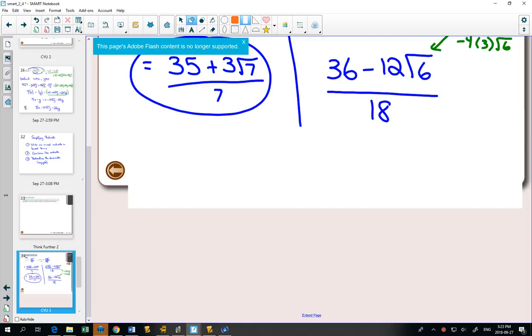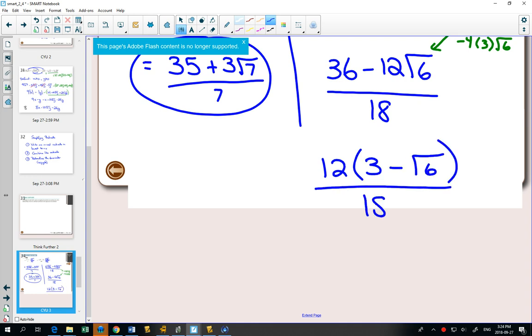Is there a number that's both in 36 and 12? 6? Any higher ones? 12. So if I factor out 12, I'd be left with 3 minus root 6 all over 18.